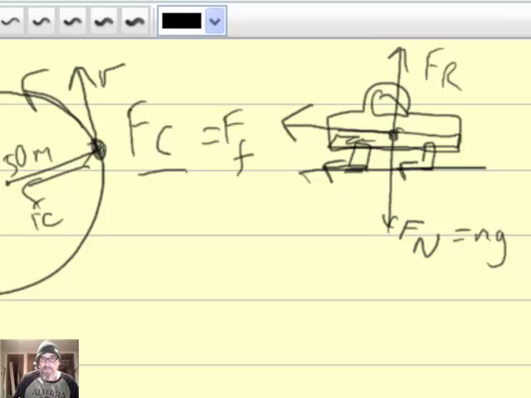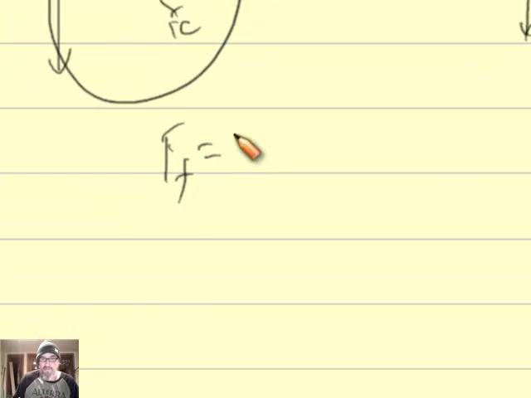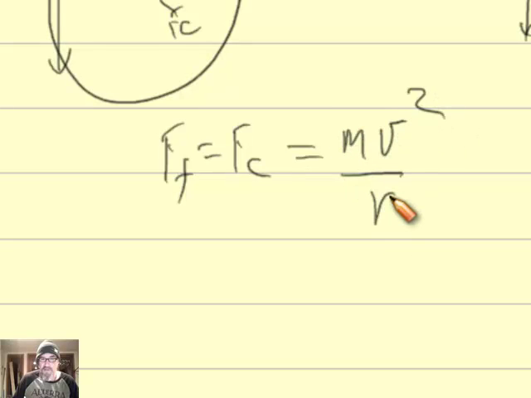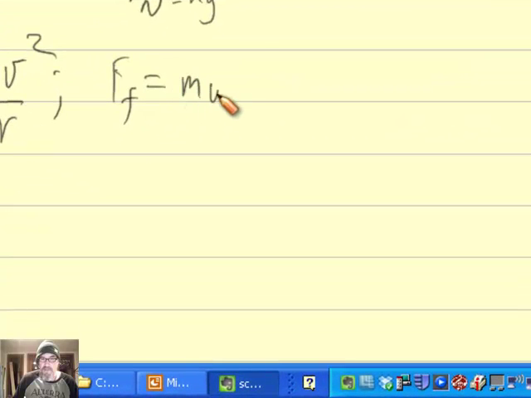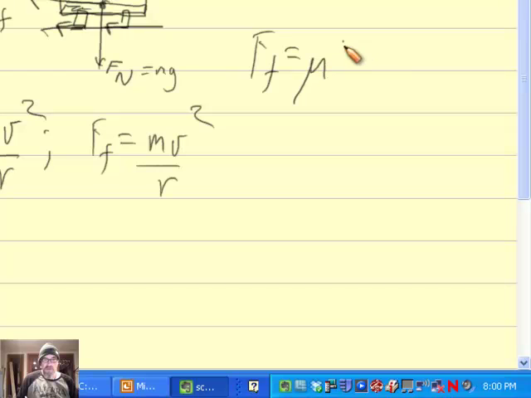So, if the frictional force is equal to the centripetal force, and we know that centripetal force is equal to m times v squared divided by r, well, then we have something to go on. We can make a new equation here that says force of friction is equal to m times v squared over r. But thinking about what force of friction really is, force of friction is mu times force normal.